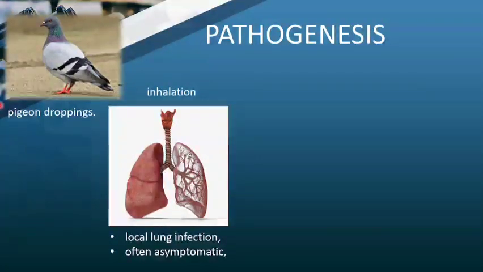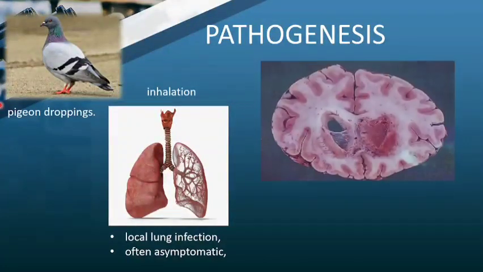But that is asymptomatic, unlike other fungi which cause respiratory infections like histoplasmosis, coccidioidomycosis. Just click the link on the top right corner, or even better, check in the description box where I have links to different videos when we talk about these fungal infections. So let's proceed. You have the local infection in the lung, but it's not symptomatic.